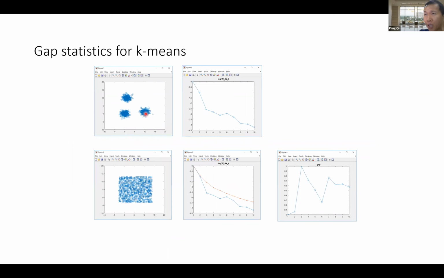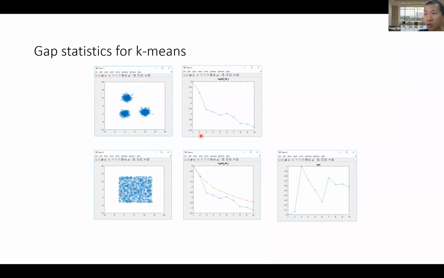Okay, so now let's say we have a real data set that has 3 clusters. So this is an easy case. One thing we can do is try to cluster this data with k-means by choosing different k. If we choose k equal to 1, then it's trivial, everything is one cluster.